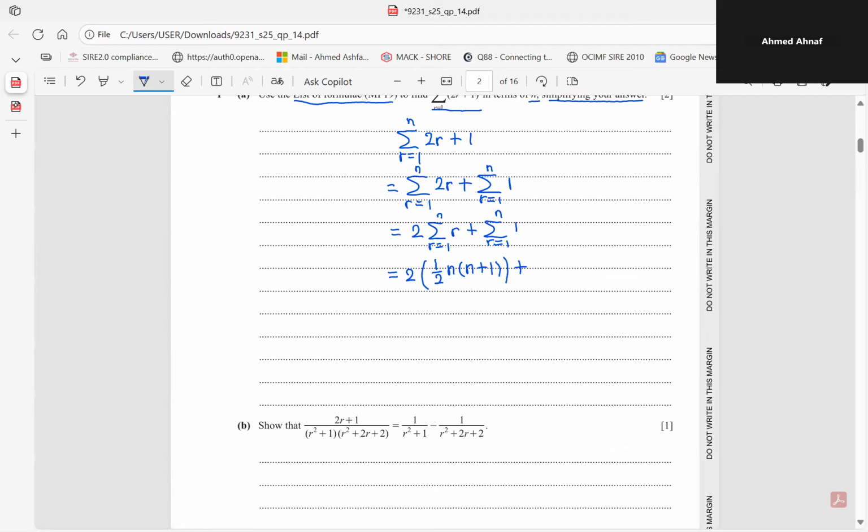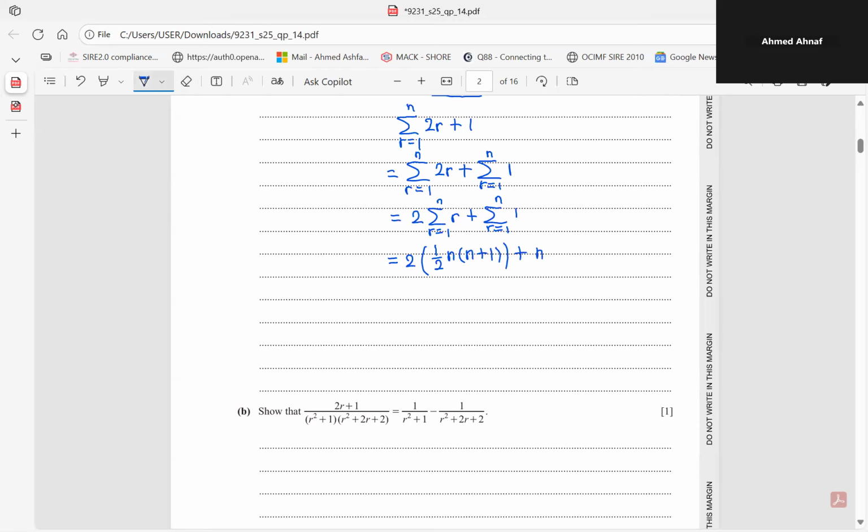And then for the summation of r equals 1 all the way to n of 1, we just multiply 1 by n. You can use this formula for any other constant inside a summation. It would just be k times n, or whatever the upper limit of the summation is. So also take note of that.